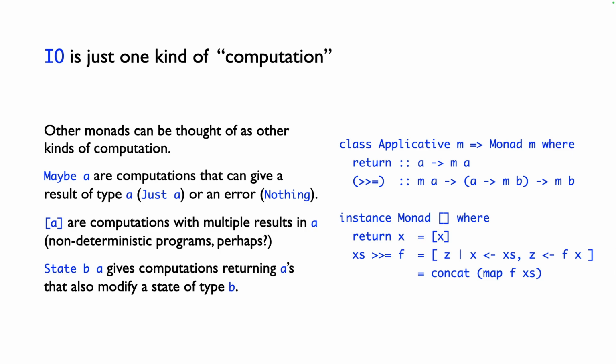So we do a map followed by concat, or we can define it as a list comprehension like that. We choose an element x from the list xs and we choose an element z from the list we get by applying f to x. Those two definitions are equivalent.